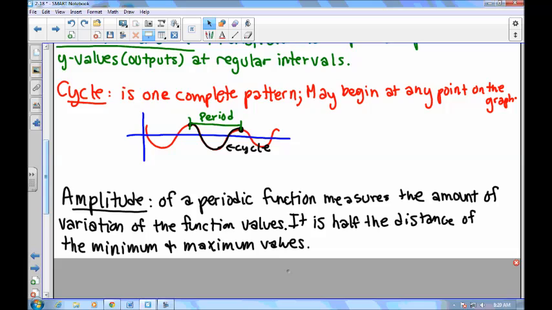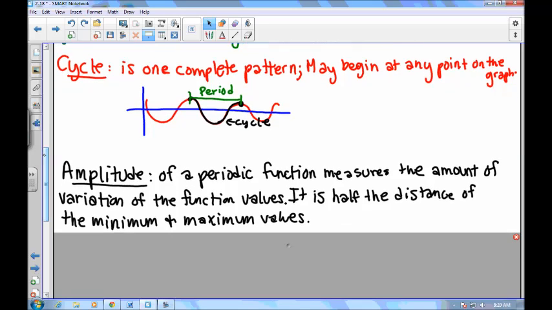Okay, amplitude. Amplitude of a periodic function measures the amount of variation of the function values.